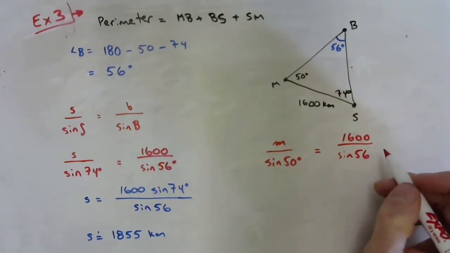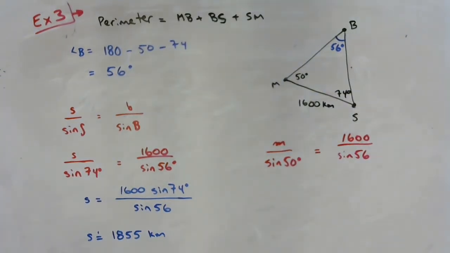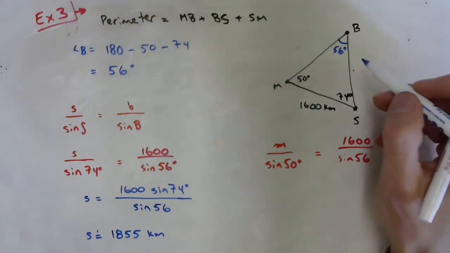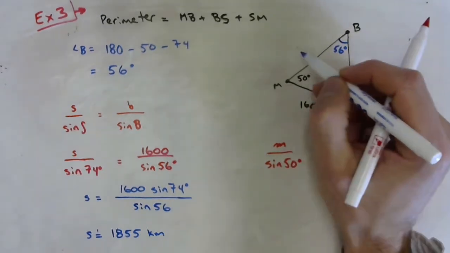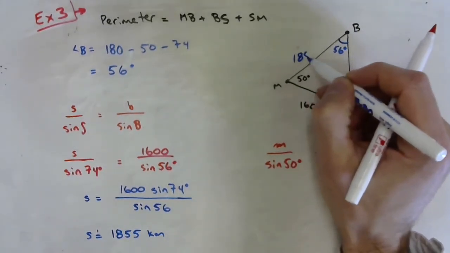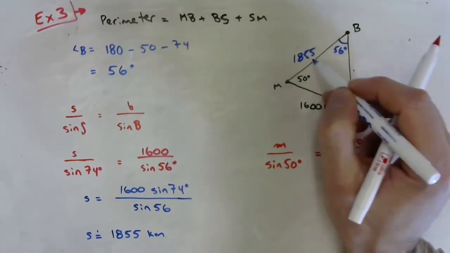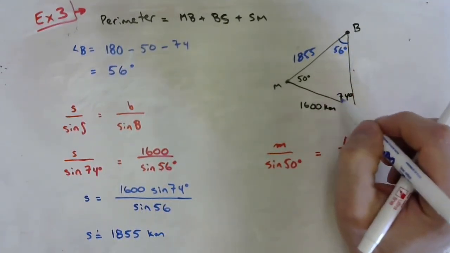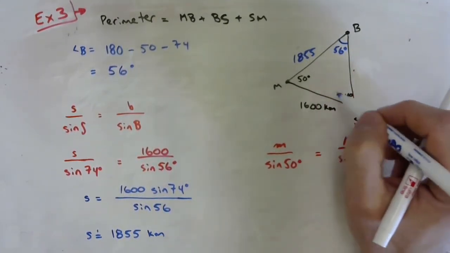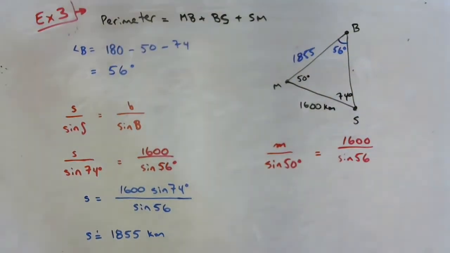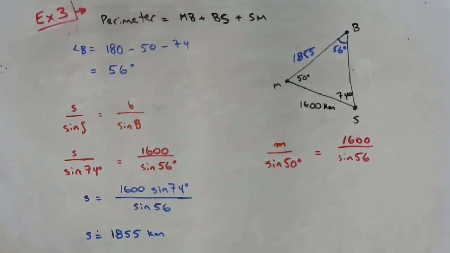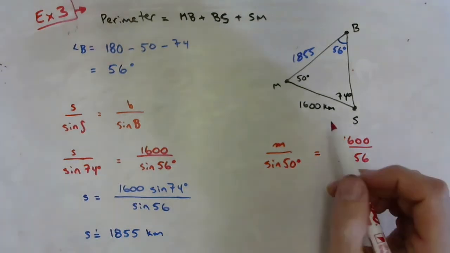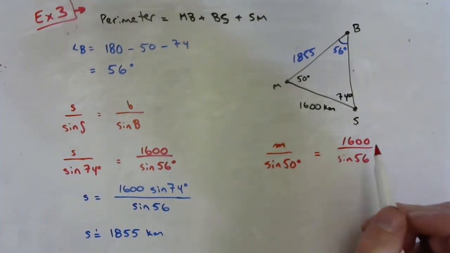Now, quick question: I did already find that side length S is 1855. Could I use this as my opposite information to set up the other ratio? Yes, I could. Why am I not doing that? Because I could have made a mistake, and I don't want to use information that I've calculated when I could easily use information that they've given for free.